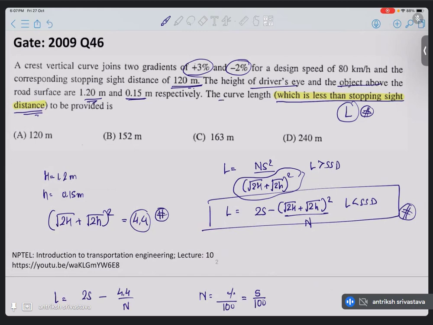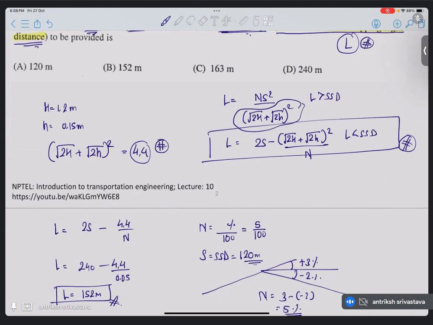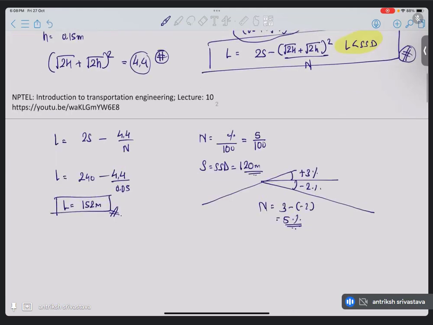Now notice one thing here, that we are asked what is the value of the curve length which is less than L, and we also use the formula which is giving us the value of curve length which is less than the stopping sight distance, but the value that we are getting is 152, which is obviously greater than 120.